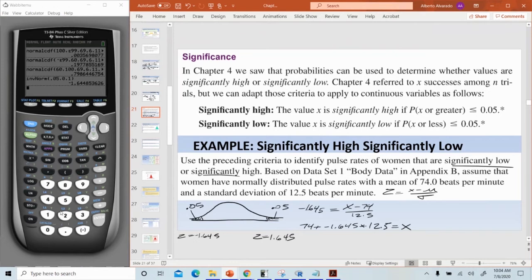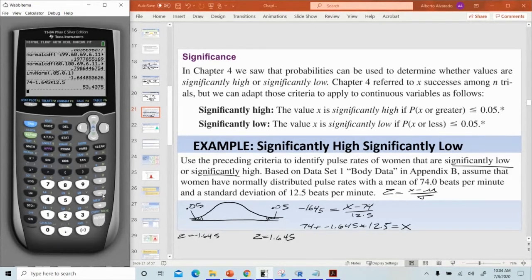So let's do that. 74 minus 1.645 times 12.5, I get 53.4375. So 53.4 is our cutoff for the significantly low.